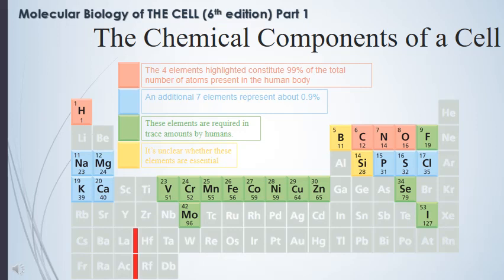And the green ones are the trace elements that are required for life. And the yellow ones have some role, but perhaps they're not nearly as essential as the other ones.